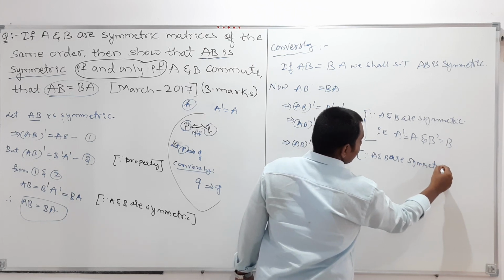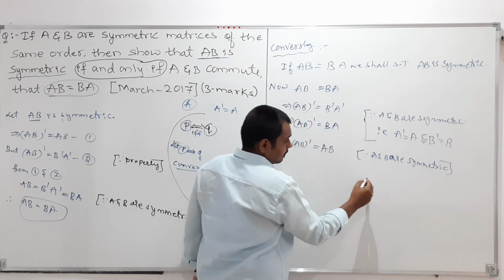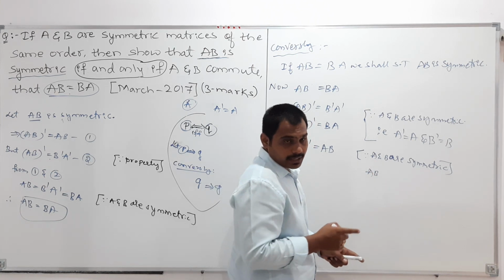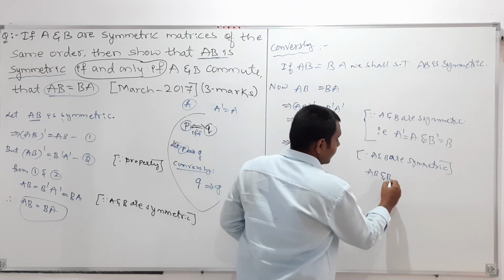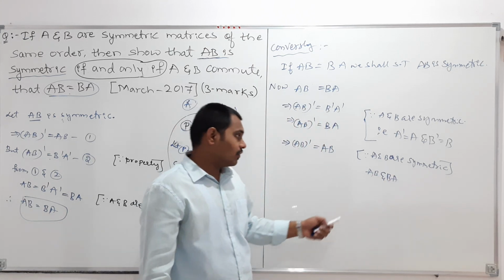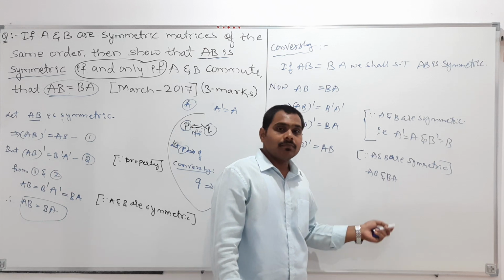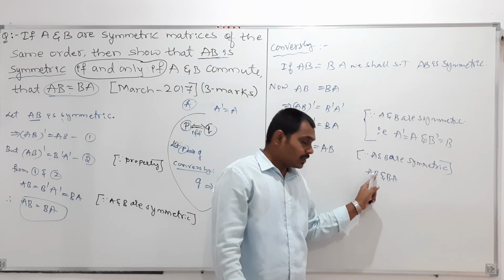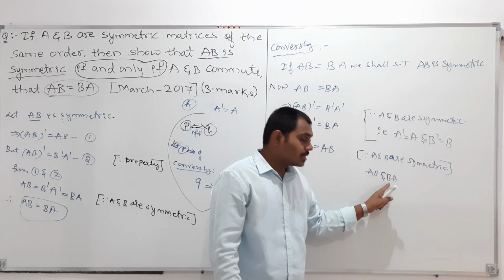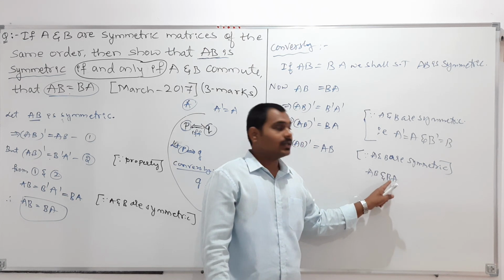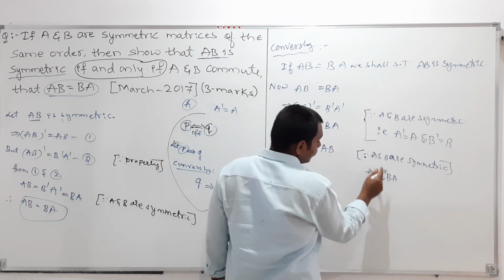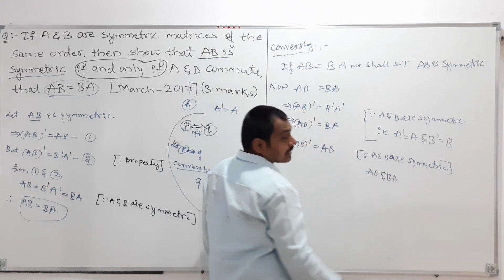You can observe here, if A and B are symmetric matrices, then AB and BA values are the same. If you multiply A with B, the result is the same as B into A if you multiply B with A. Clear? So this is possible if A and B are symmetric.